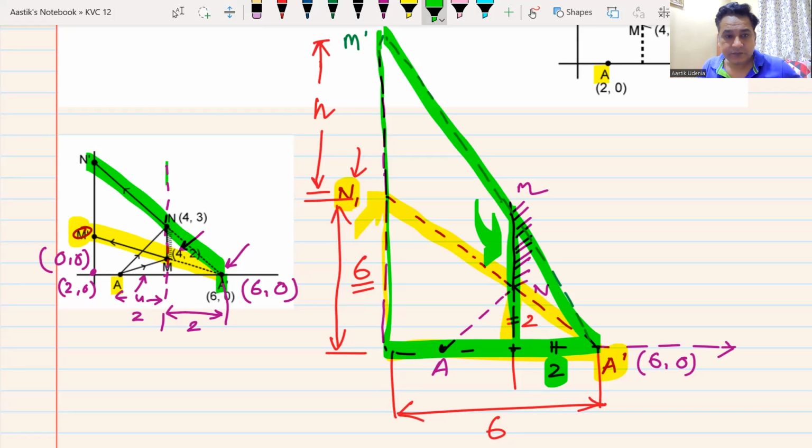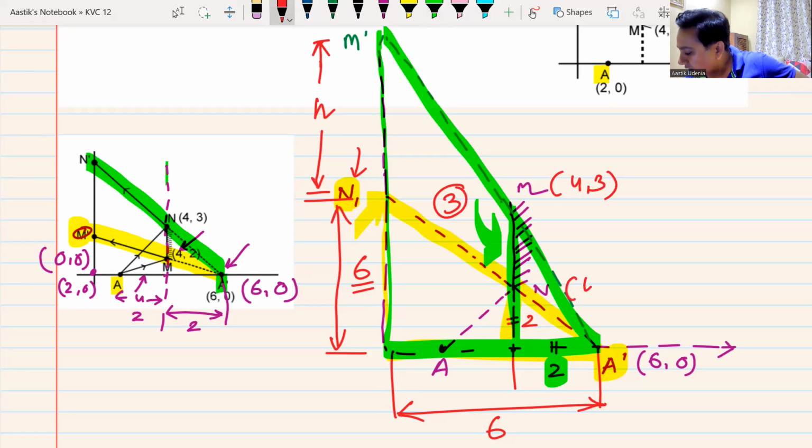It is 3. In the question it is given as 4, 3. Yes or no? So this is from here to where it is 3. This point is given as 4, 3. This point is given as 4, 2. So the smaller green side is 3 and this is 2.